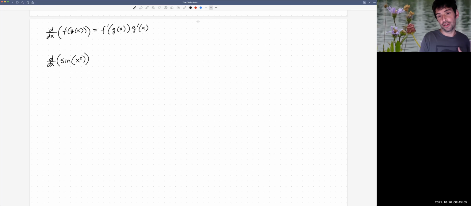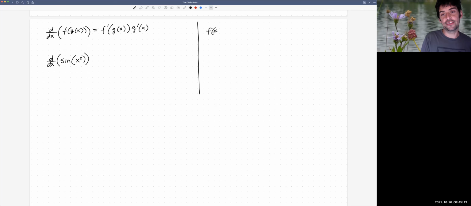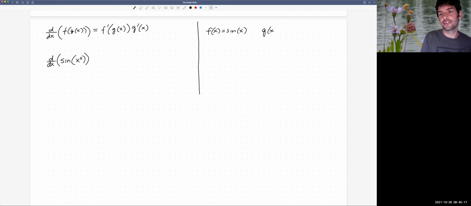So I'm gonna do some work off to the side. I'm gonna write this function as a composition. So I'm gonna take f of x to be the sine of x and g of x to be x squared, okay?